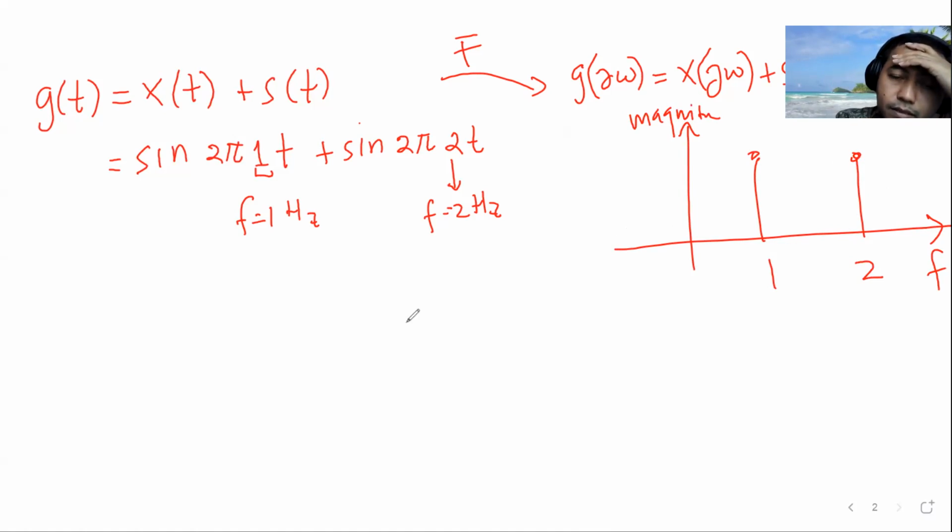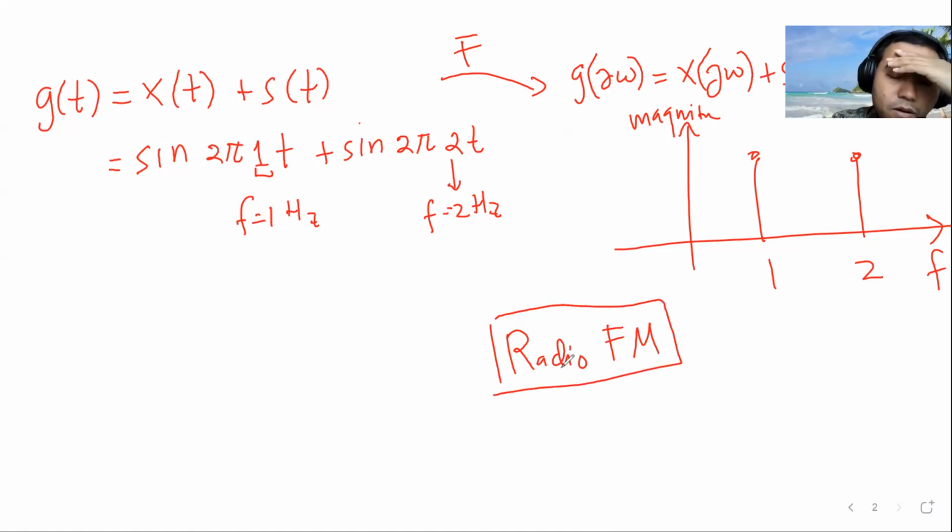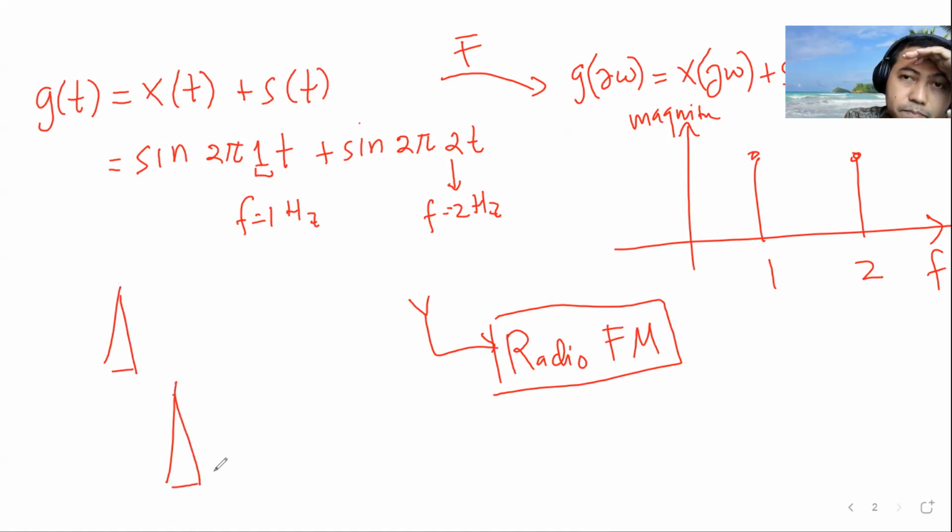For example, you have an FM radio device, maybe your phone, maybe this is an old technology, but the antenna itself receives signals from many broadcasting stations, right? Let's say Prambors, let's say El Sinta.